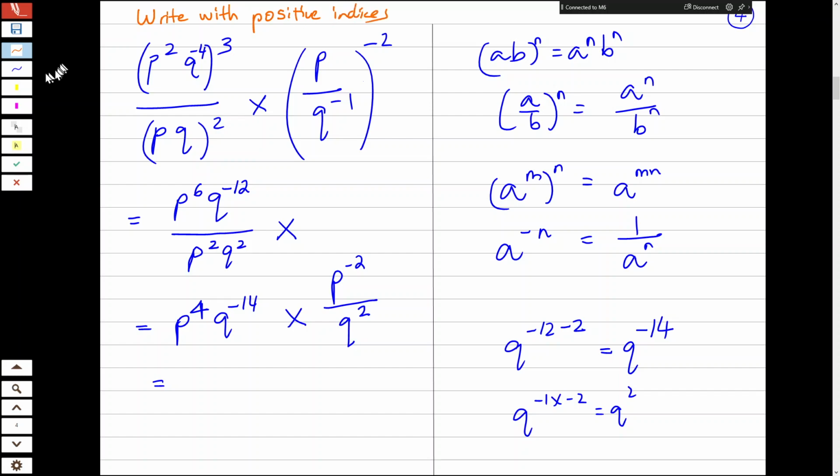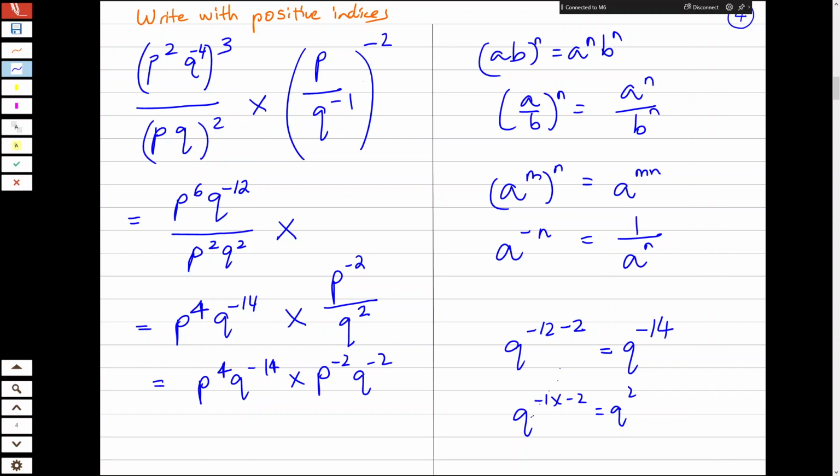Sorry, just give me one second. All right, so what I'm going to do is rewrite this in index form. So this is p^-2 q^-2. Is that okay? Because 1 over q squared is q^-2. Okay.